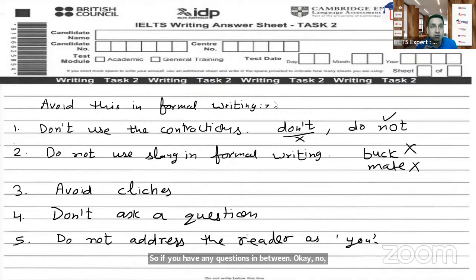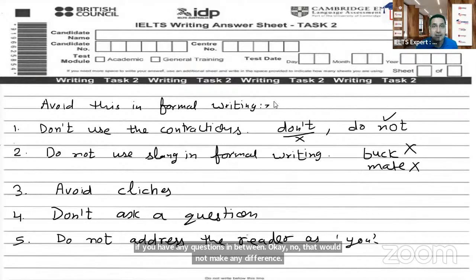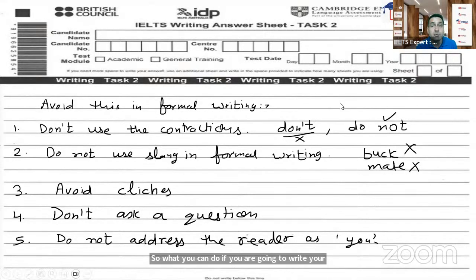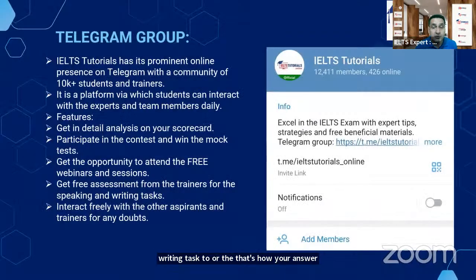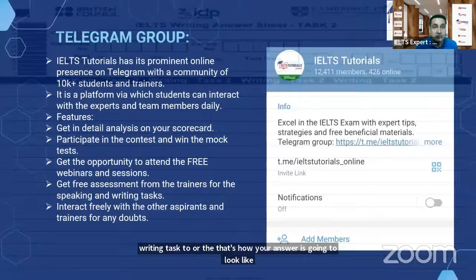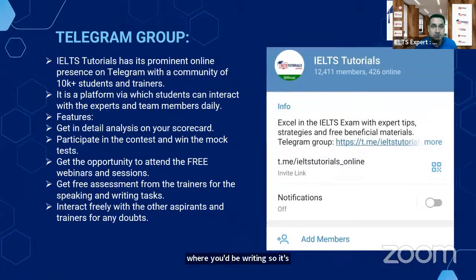So what you can do, if you are going to write your test, then when you're writing in a flow, probably your body paragraph 1, you would count how many words you have written in a line. This is a sample writing task 2, that's how your answer sheet is going to look, where you'd be writing.